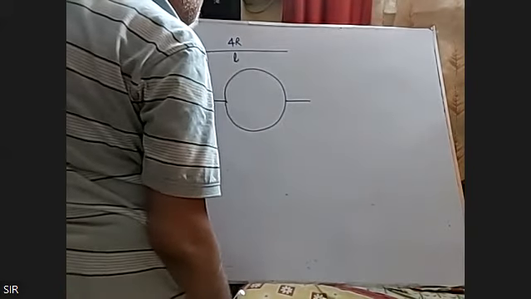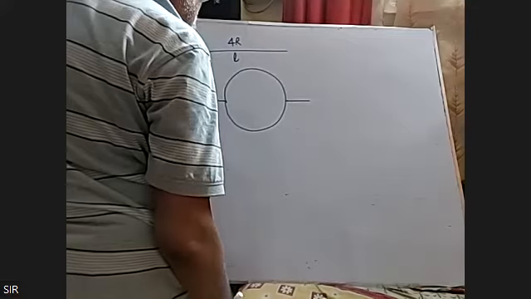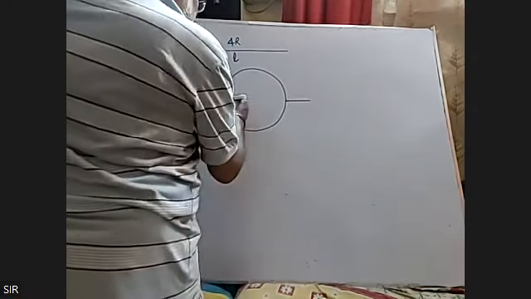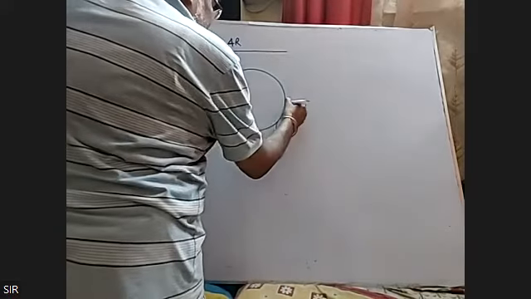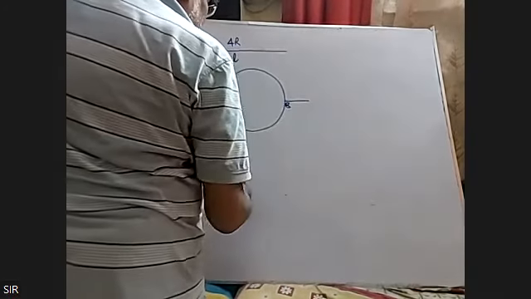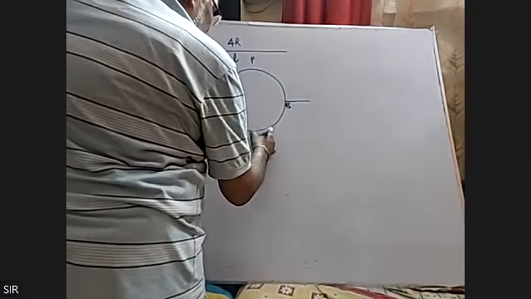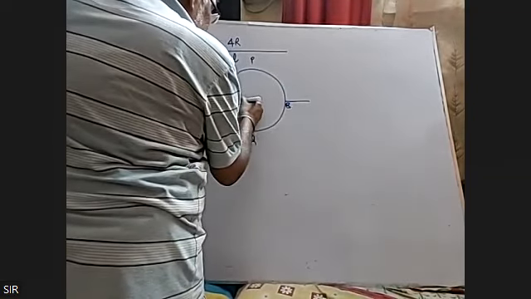Now suppose this is A and this is B, and this point is P and this point is Q. This is the center. There is no electrical connection.